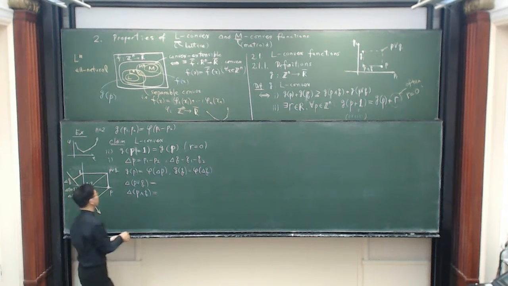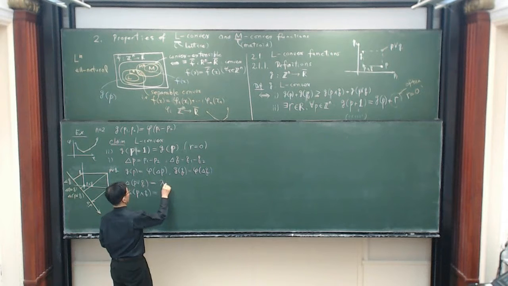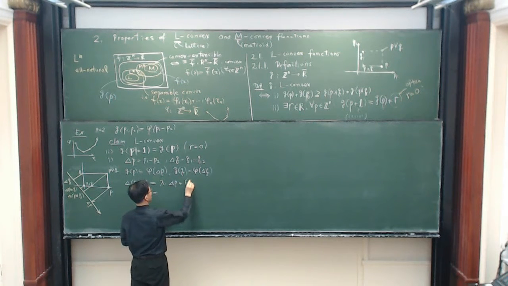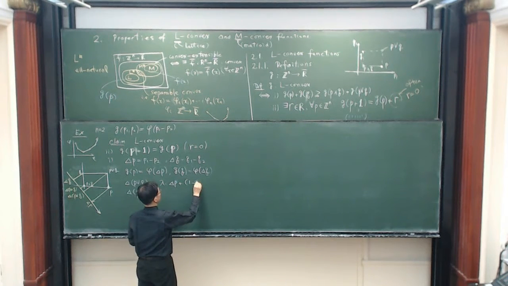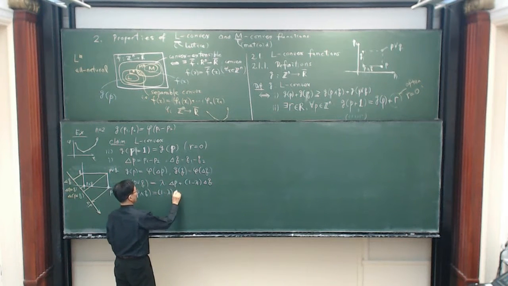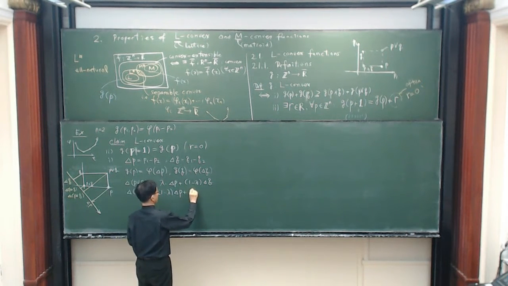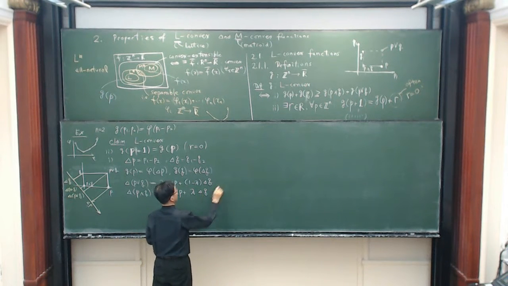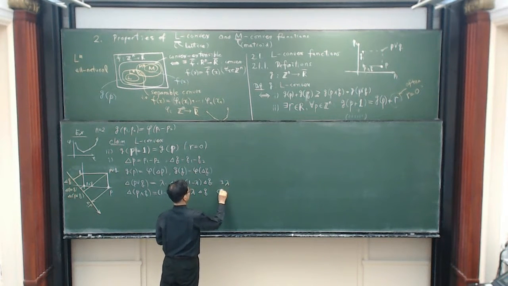So there exists some lambda such that this is true, for some lambda between 0 and 1.